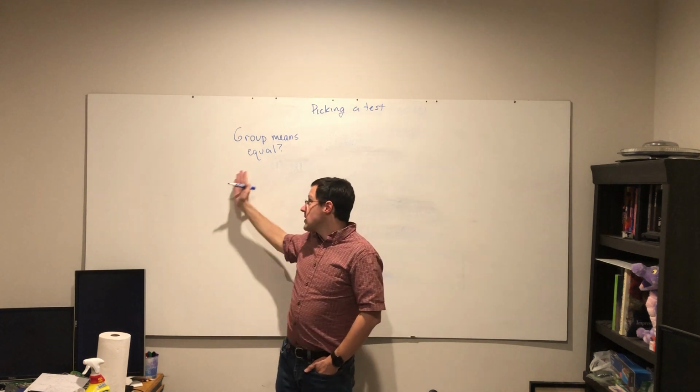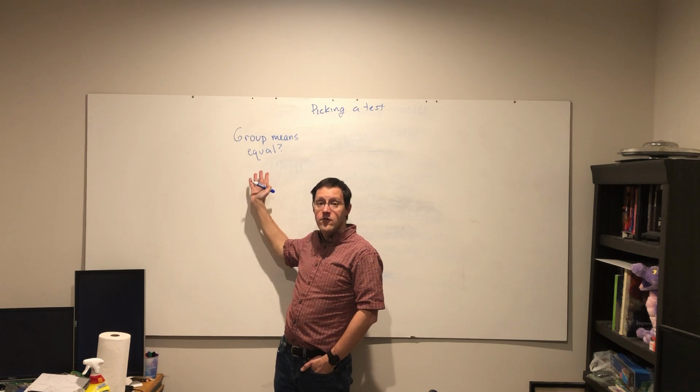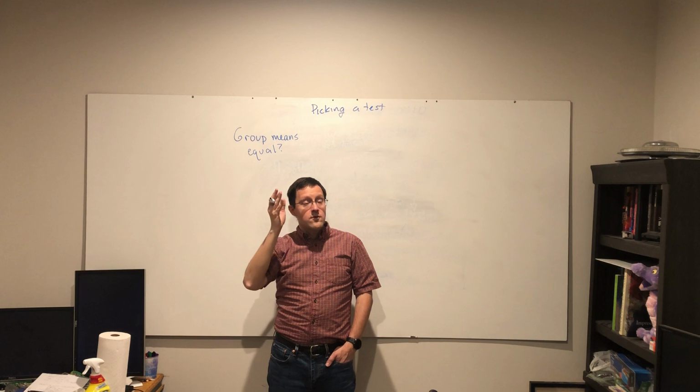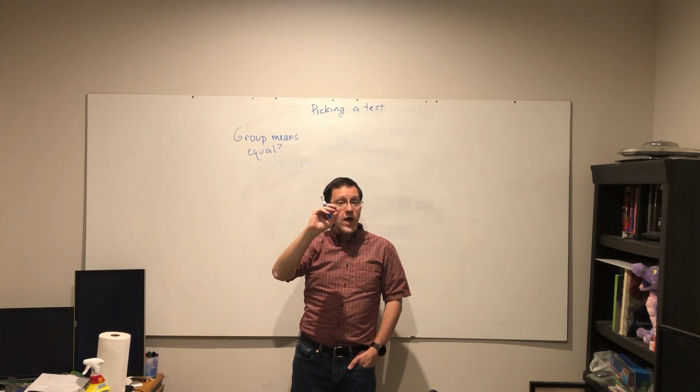One broad category can be, are the means of a group equal to each other? Okay, we've seen what to do here. And it's in part a matter of how many groups are there.